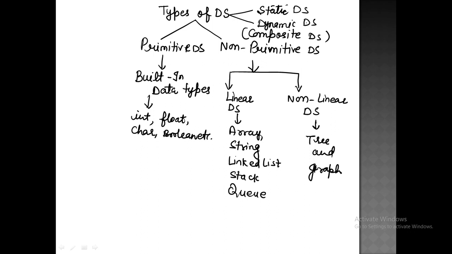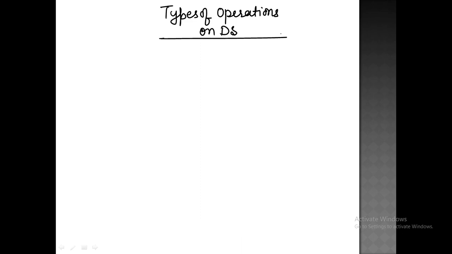Now the next important point: types of operations which are performed on data structure. First type is searching.